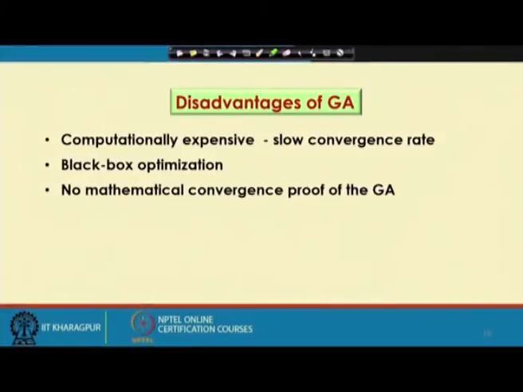Now, in GA there is no mathematical convergence proof and that is why many people do not believe in GA, but there are some indirect proofs, like the proof using the schema theorem which I have already discussed, or with the help of some hand calculation I have shown that GA can improve the solution and it can find out the optimal solution.